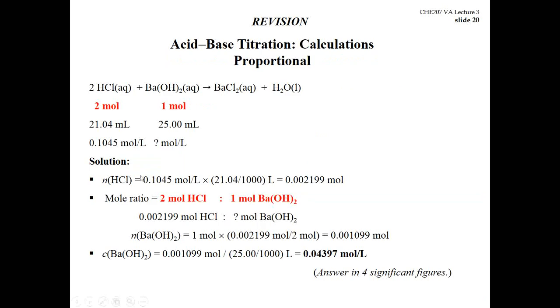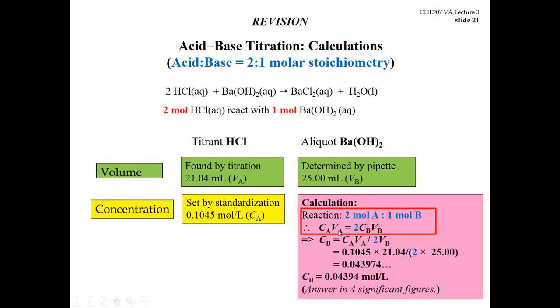The third example we're looking at is 2 mole of HCl to react with 1 mole of barium hydroxide. So the ratio now is 2 mole of acid, 1 mole of base. If you use the equation CAVA CBVB, you've got to be very careful.